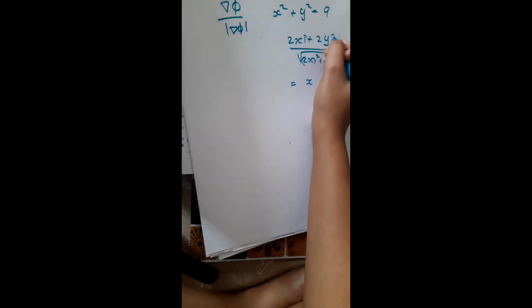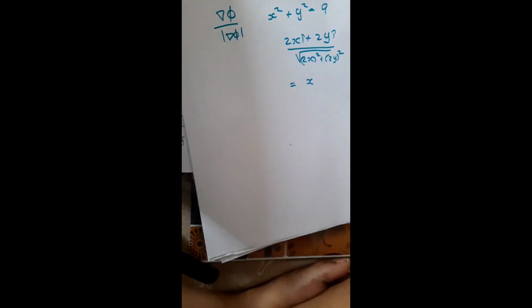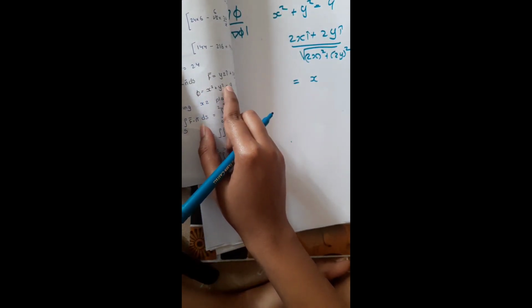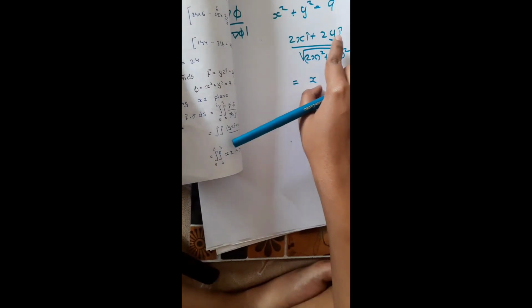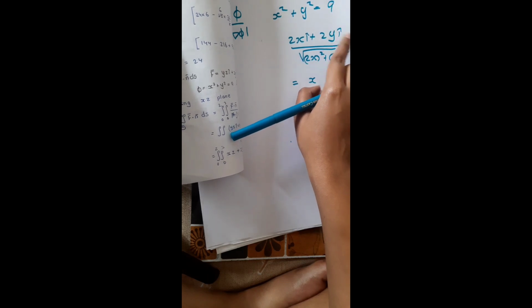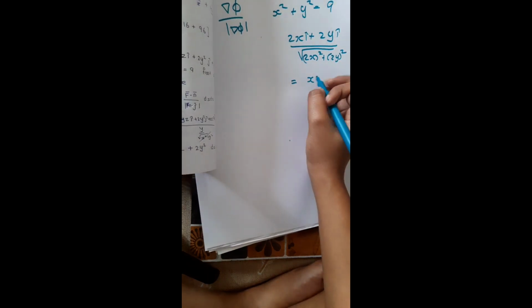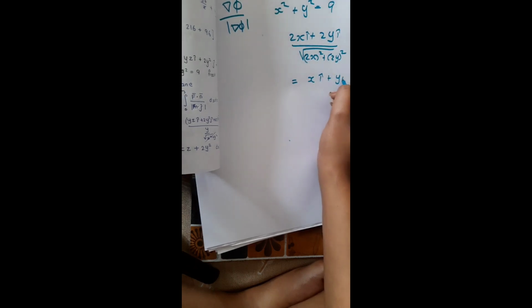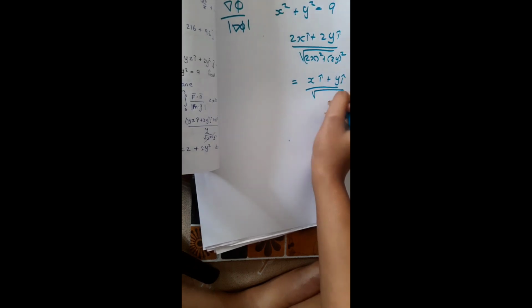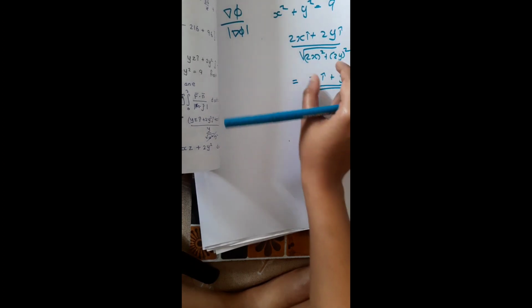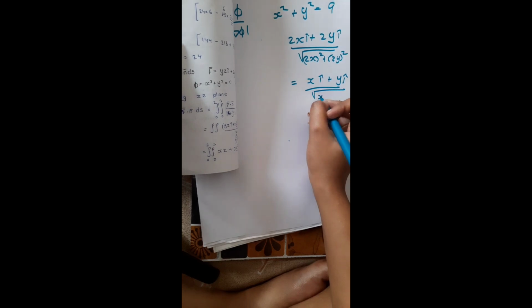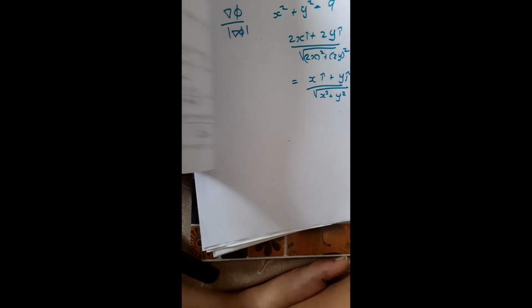I cap, we need to find del phi. So we do differentiation with respect to x for i cap, we do differentiation with respect to y for j cap. So x upon x i cap plus y j cap upon under root x, 4 will come out, so under root 4 is 2, so basically I can cancel it out, and this is x square plus y square.